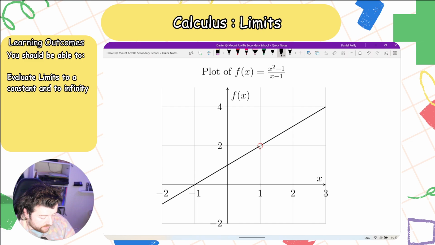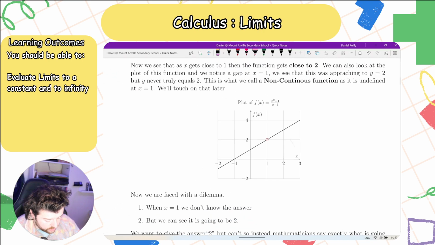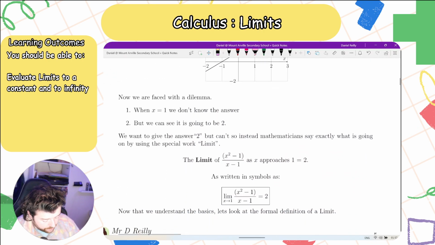The gap in my function here means this is known as a non-continuous graph. We can see my function getting closer and closer to 2, but it never quite gets there.